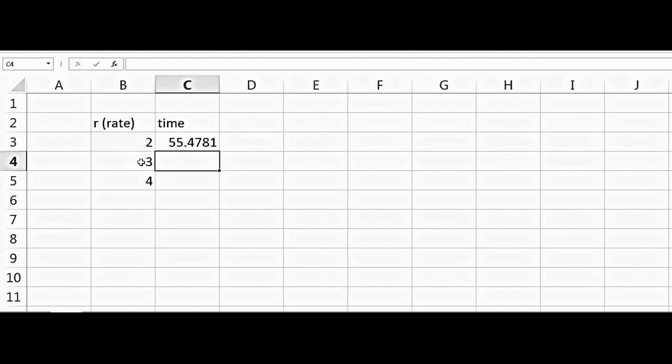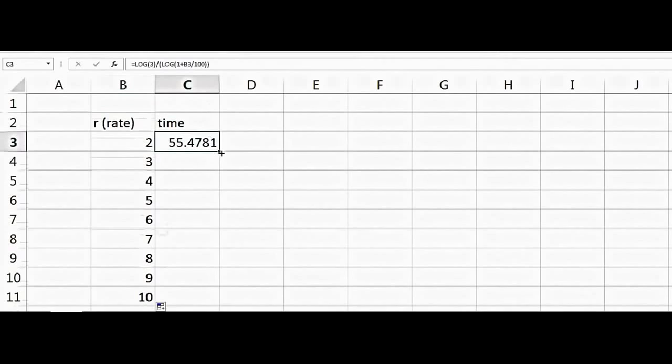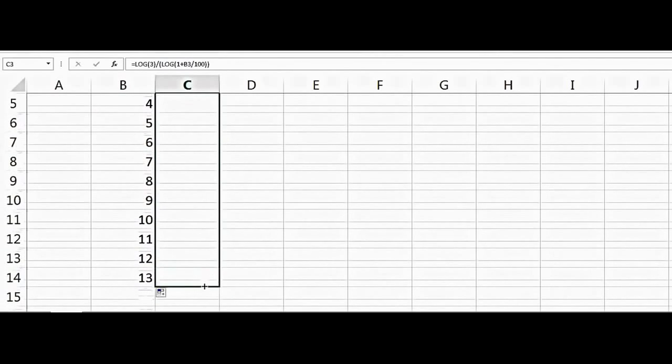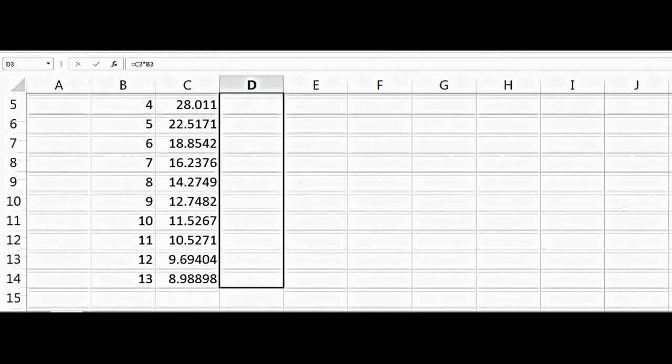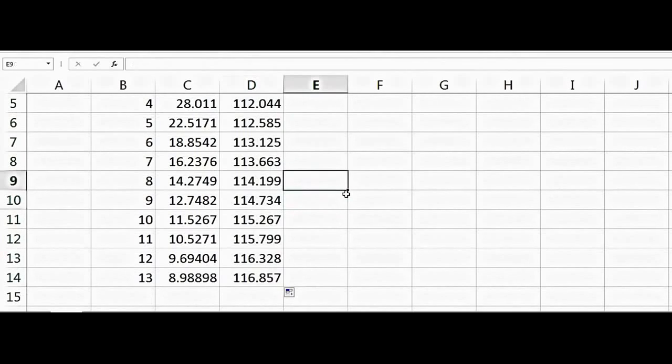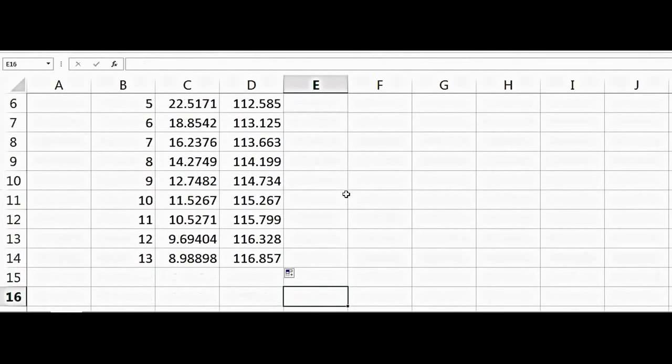Now we can keep extending this rate to suppose 13%, and we can calculate the time for the investment to be 3 times for all these years. That's how we get the time. Now if you multiply time with the rate, that will be equal to time into rate. This is equal to 110, which is very close to 115. We can keep extending this, and you can see that all our numbers are very close to 115.